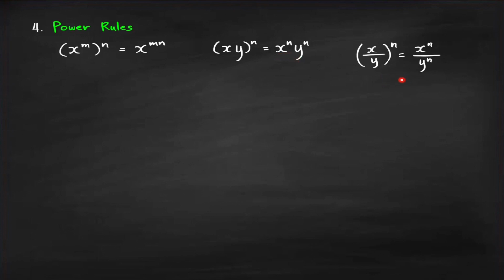And the last power rule is the power of a quotient, similar to the product. When we raise a quotient to a power n, we can also raise the numerator and denominator to that power. So you have here x to the n over y to the n.